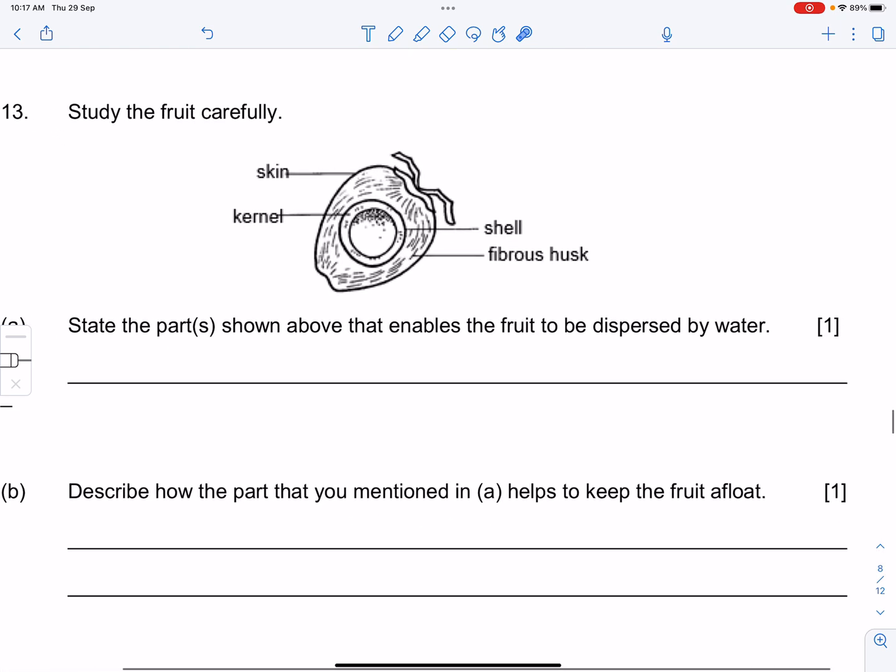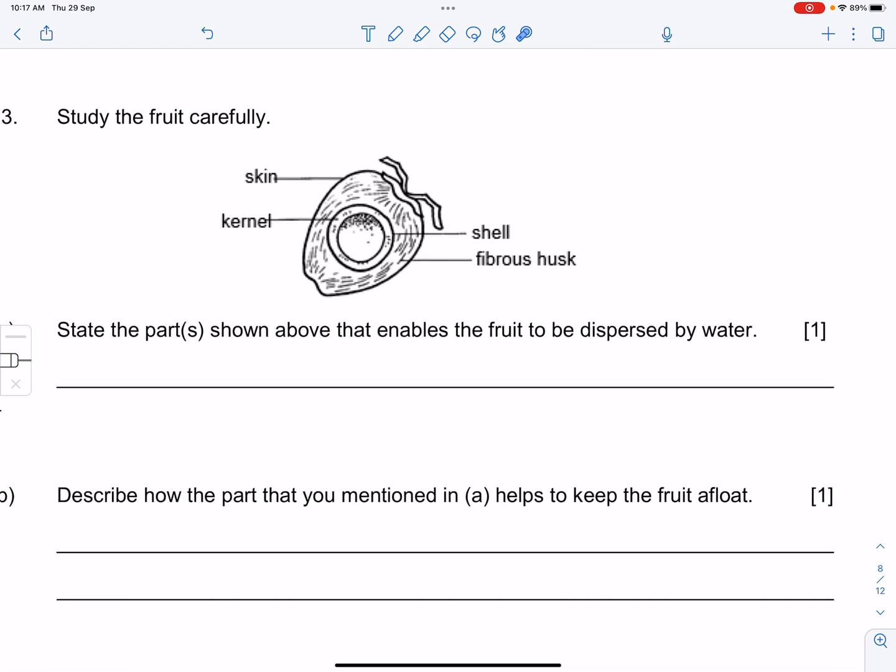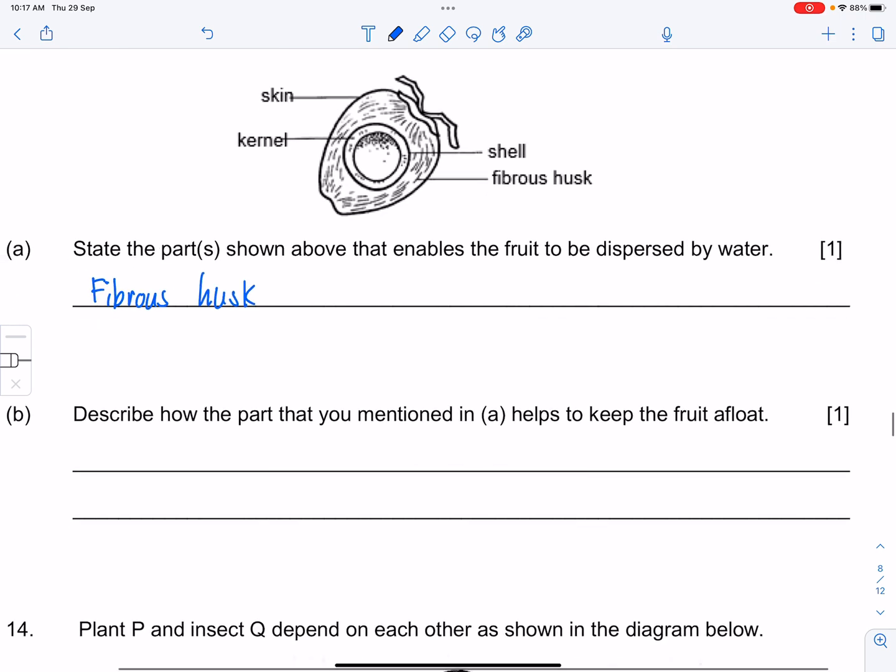Next. Okay. Study the fruit carefully. State the part shown above that enables the fruit to be dispersed by water. So in this case, the answer is just fibrous husk. That's it. Because your fibrous husk is the one that has air spaces.